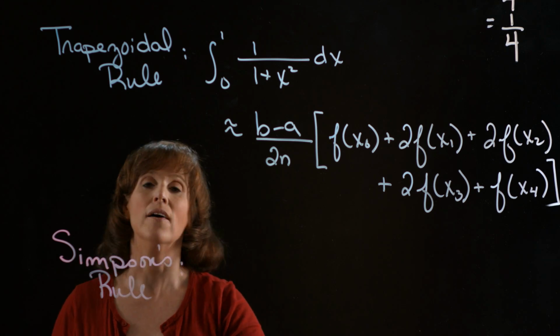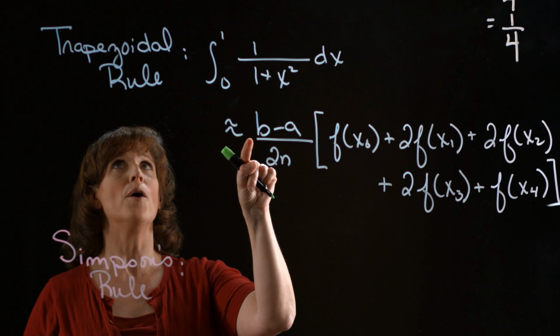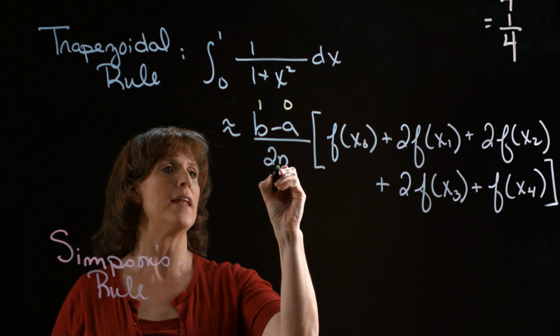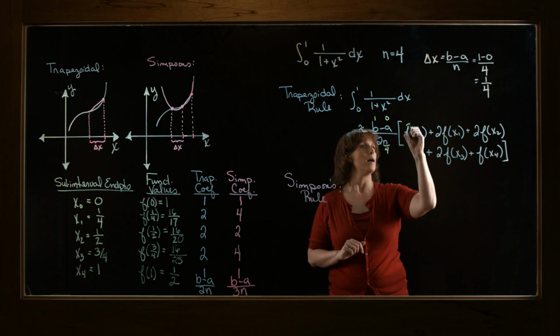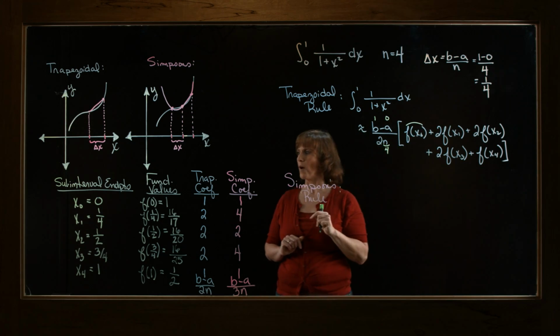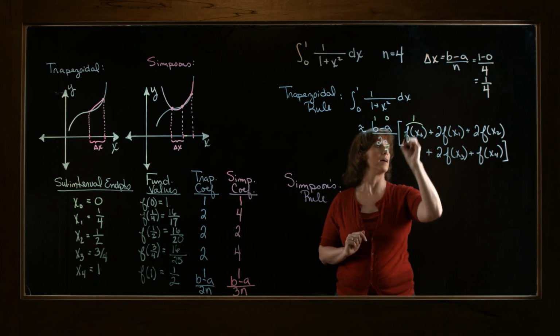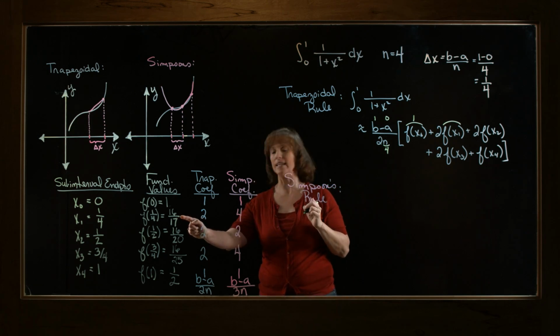Okay. Now, for this particular problem, let's see what all these values are. Well, we know that b is 1 and a is 0, and we know that n is going to be 4. F of x sub 0, well, I've already calculated that. That's going to be 1. F of x sub 1 is 16 divided by 17.